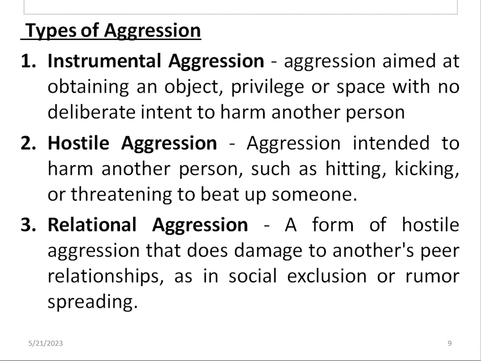Then hostile aggression is aggression that is intended to harm another person, such as hitting, kicking, or threatening to beat up someone. Then there's relational aggression. This is a form of hostile aggression that does damage to another peer relation, as in social exclusion or rumor mongering.